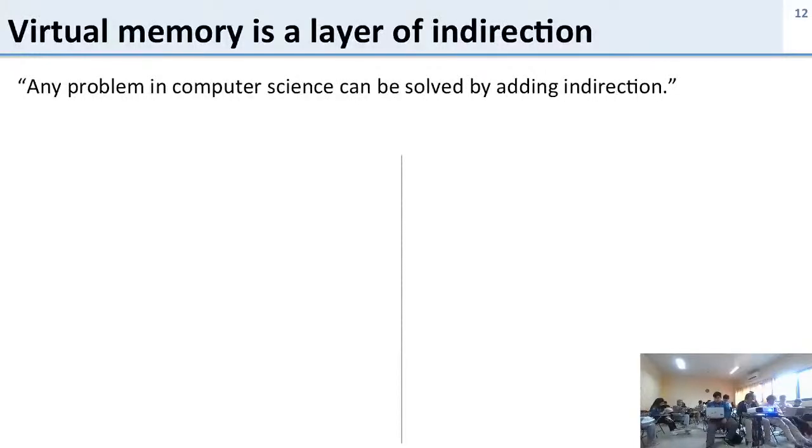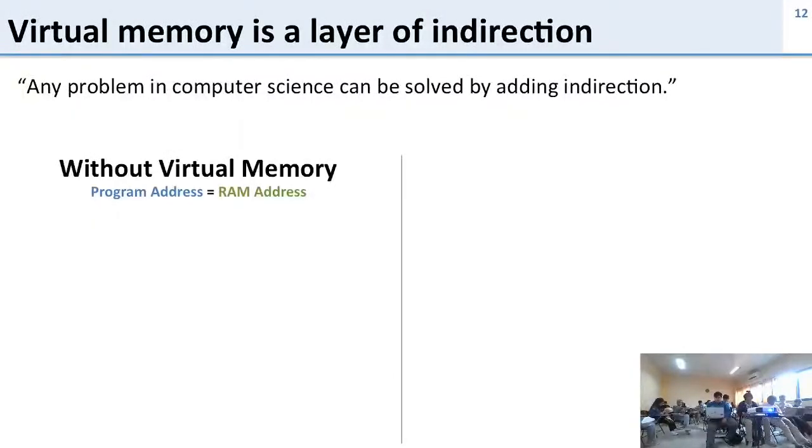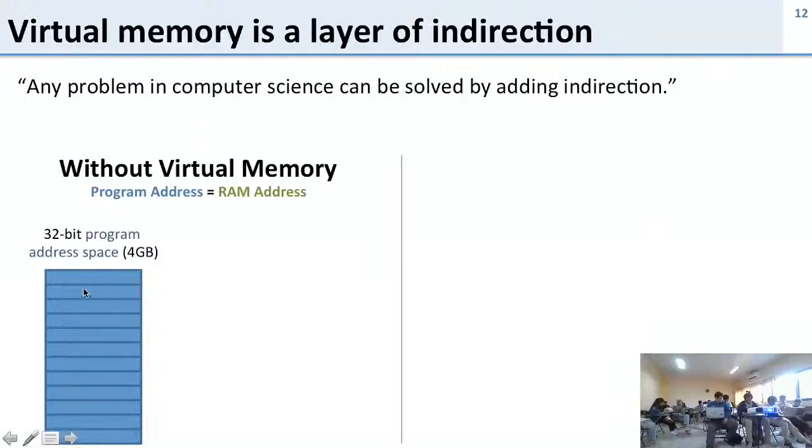Let's take a look at how this works in virtual memory. So without virtual memory, we don't have indirection. The program address that the program uses in MIPS is exactly the same as the RAM address. So if the program tries to load from address 1024, it's going to look for RAM address 1024. So here's our 32-bit address space the program guarantees, and here's our 32-bit address space if we only have 1 gigabyte of RAM in our computer.